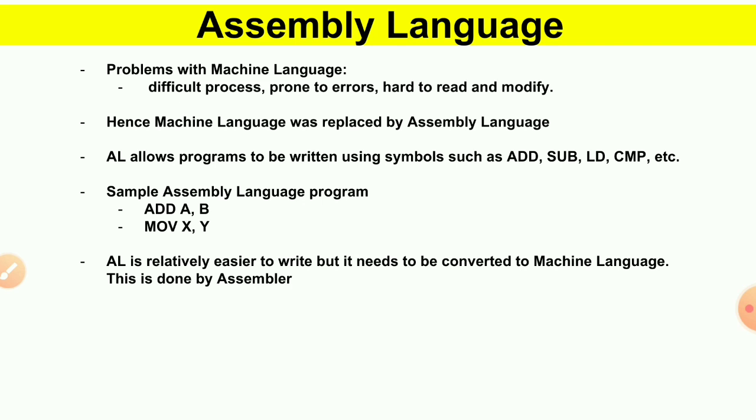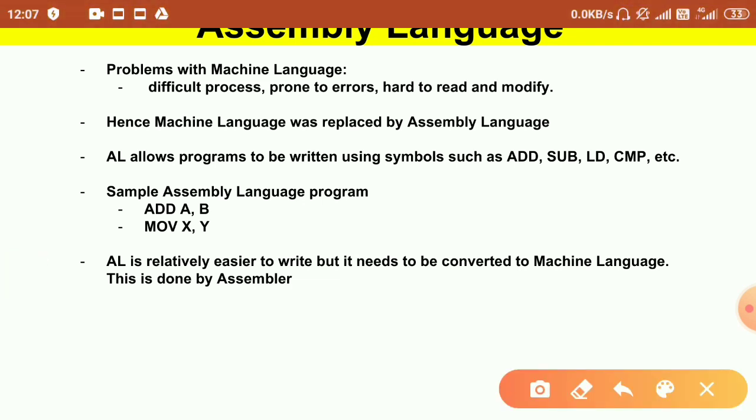So this is relatively easier to use and write, but you know the problem: the computer can only understand what? It can only understand binary language, that is machine language. So you cannot directly give this instruction to a computer.